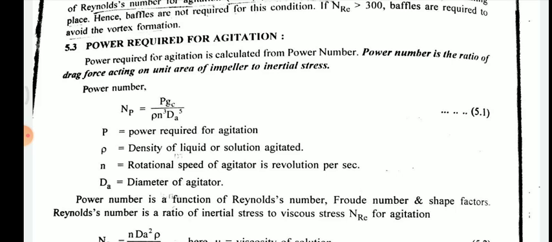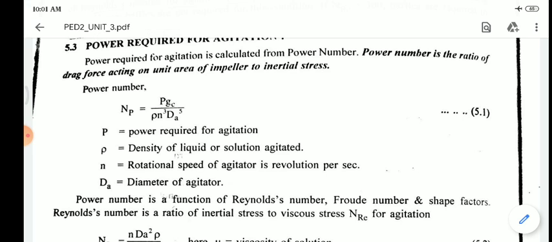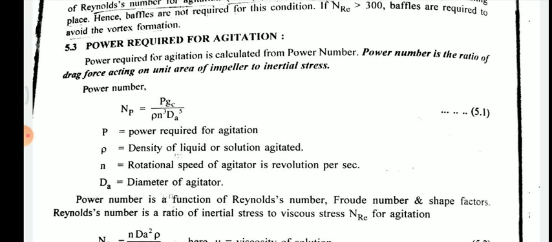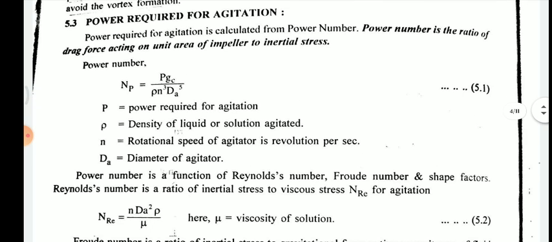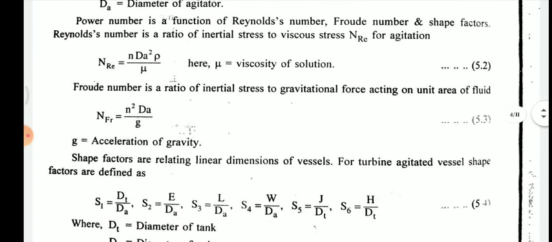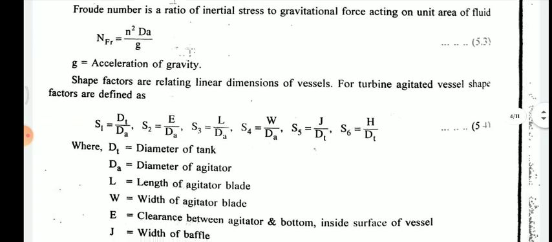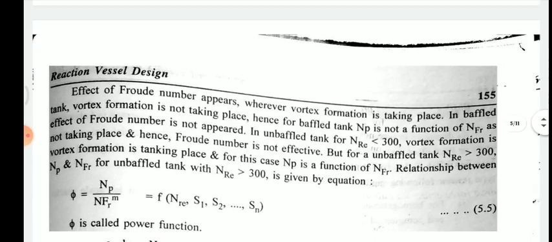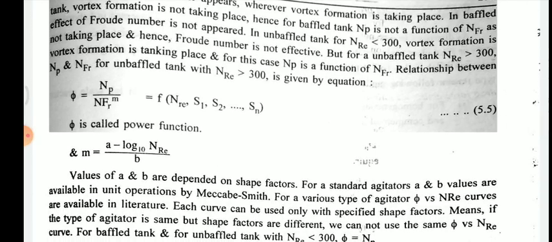The power number is defined by the ratio of the drag force acting on a unit area of the impeller to the inertial stress, that is Np = Pgc / (rho n^3 d^5). We also discussed the Reynolds number and the Froude number, and how they are related to each other, along with the formula.